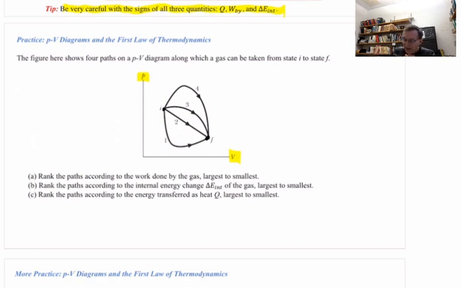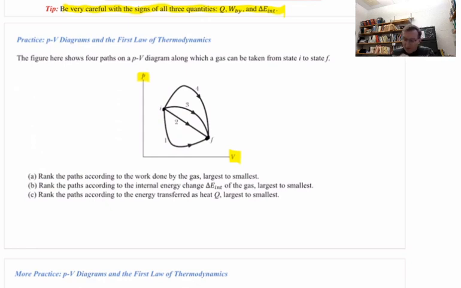See, it dips down and then goes over. Notice the arrow. That's process 1. Process 2 goes in a straight line pretty much from I to F. Process 3 goes up a little bit and then down from I to F. And process 4 goes up quite a bit and then down. But they all start at the same I and end at the same F. Four distinct experiments with four distinct PV diagrams.